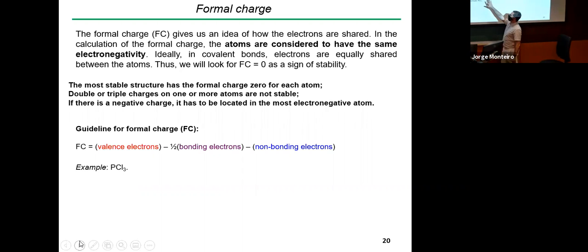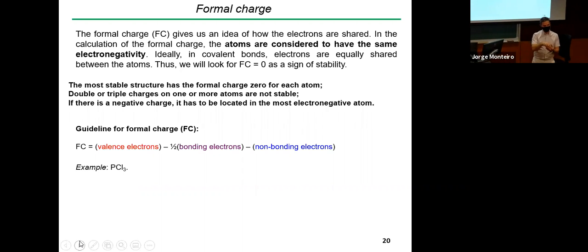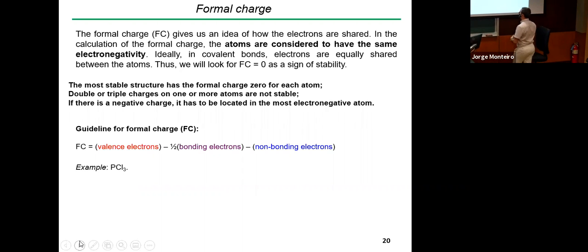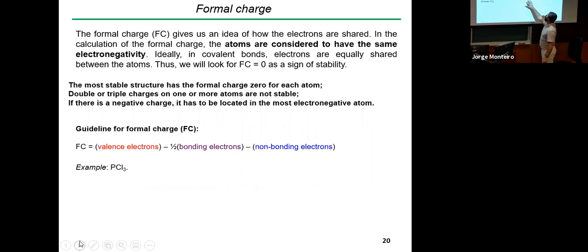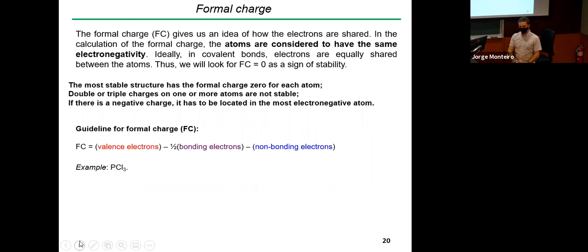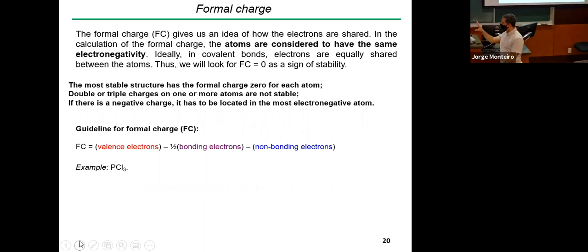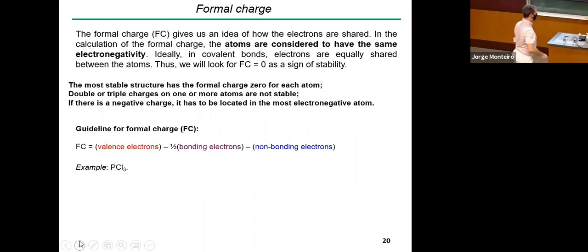We start with the valence electrons for a given element, subtract half of the bonding electrons, and subtract all the lone pair electrons on that element. We're going to do PCl3 here as an example to refresh memory.